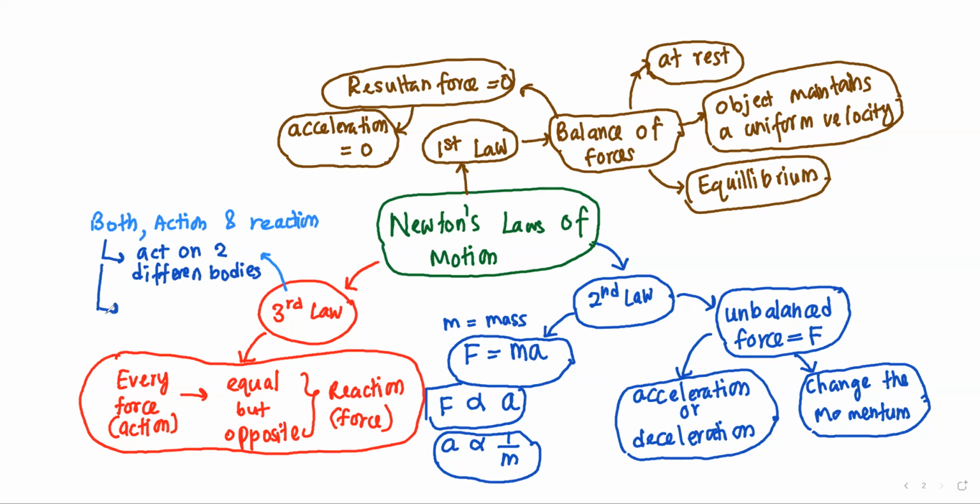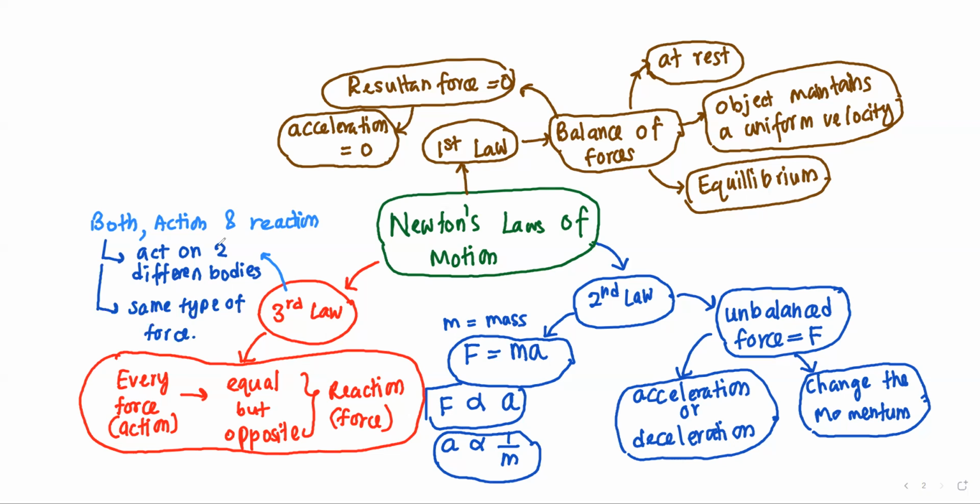And action and reaction need to be the same type of forces. For example, if the action is a tension, the reaction is also tension. But if the action is a tension and the reaction is a gravitational force, that cannot be.